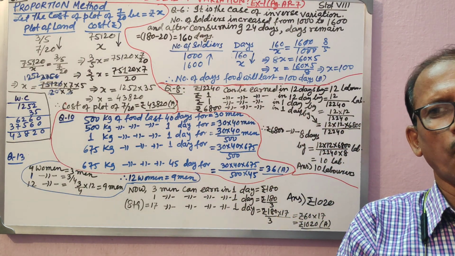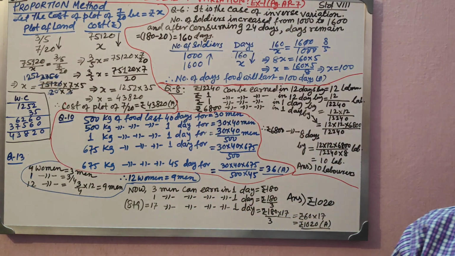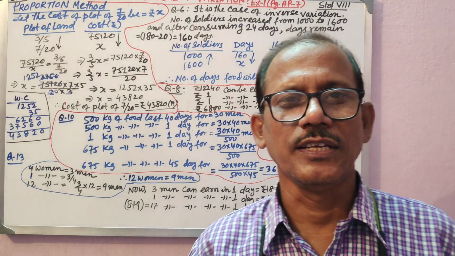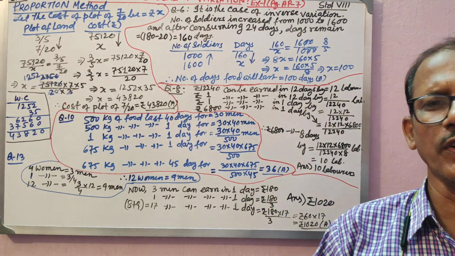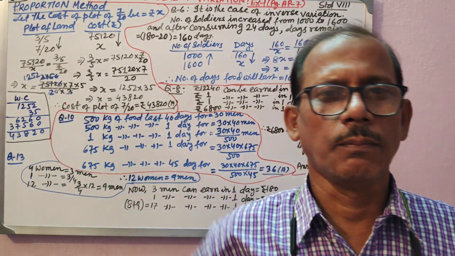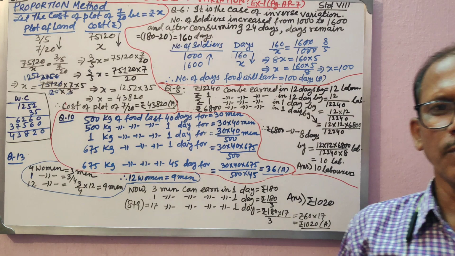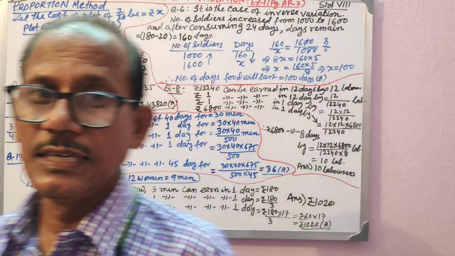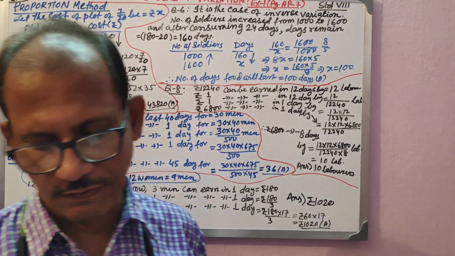Suppose you have food for 20 members that will last for 50 days. If you decrease the manpower to 10 members, definitely the food will last for more days. You are decreasing, that is making an increase. So this type of case is called indirect proportion, or inverse variation, or indirect variation.